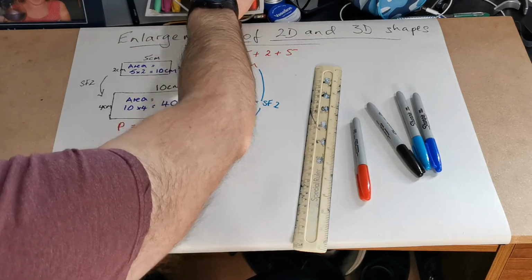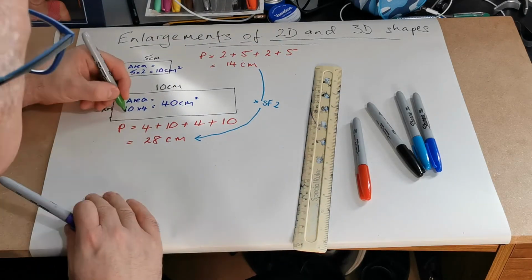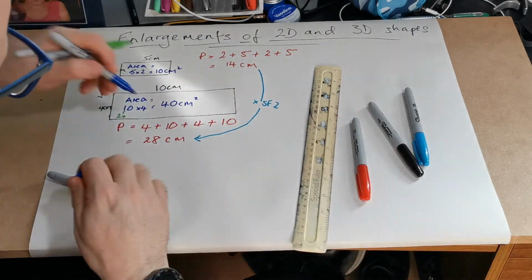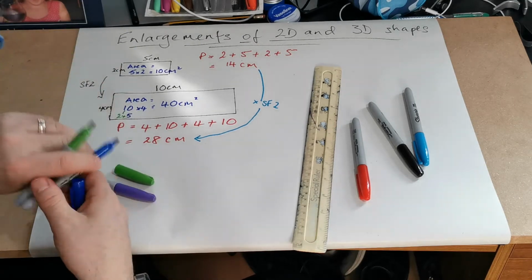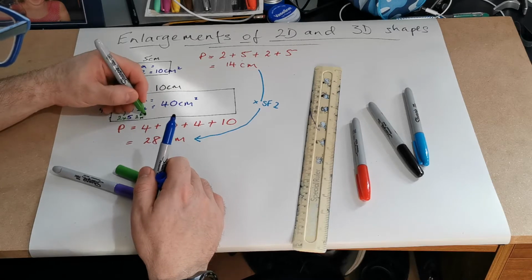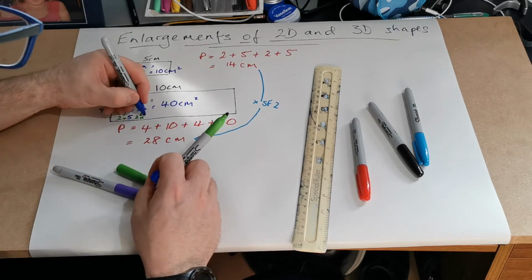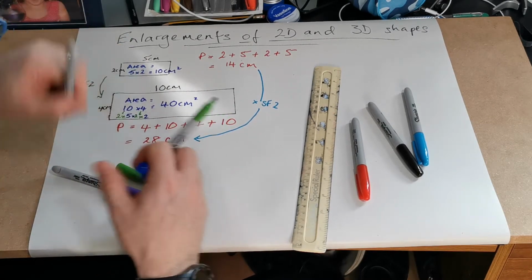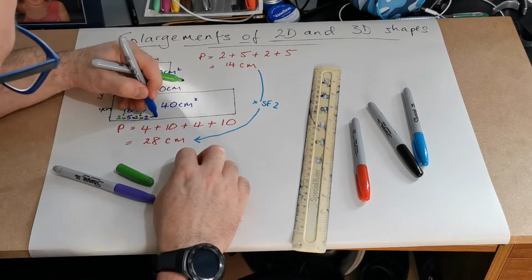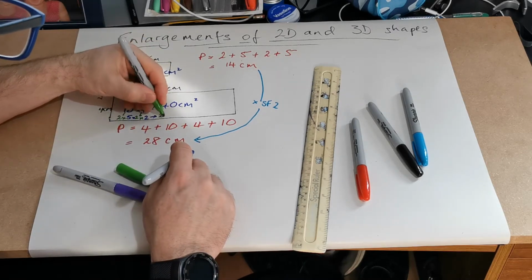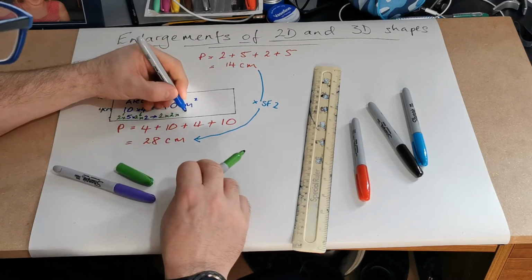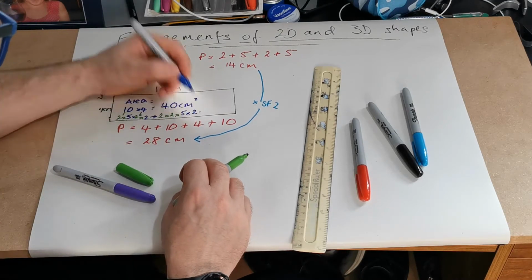So what has it been times by? Well, if I look at this and say that's 2 times 5, and this is 2 times the original 2, if I put that together or just change the order, I get 2 times 2 times 5 times 2.